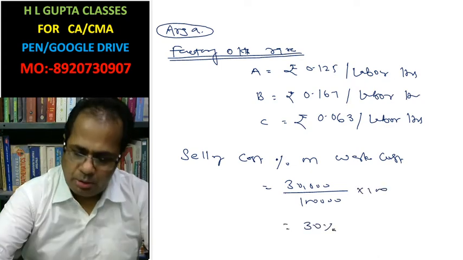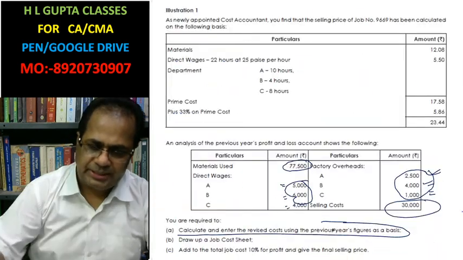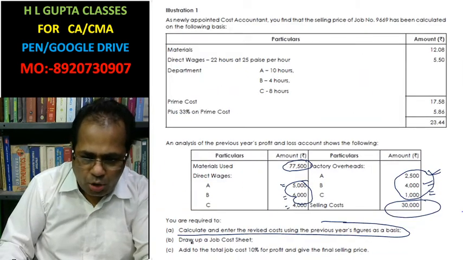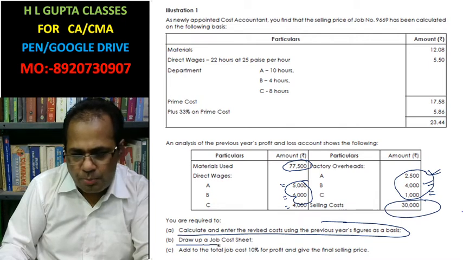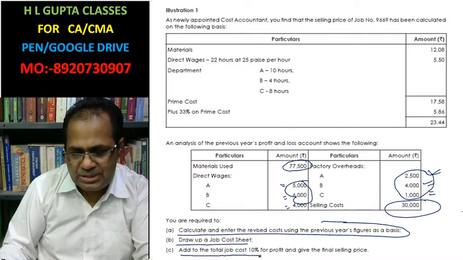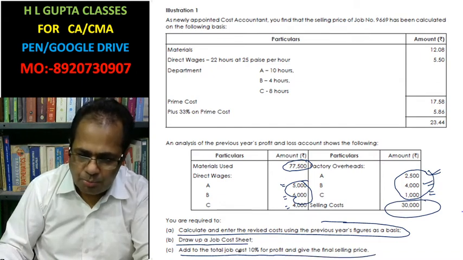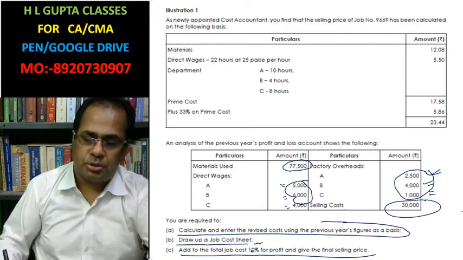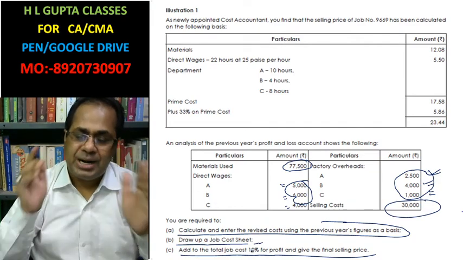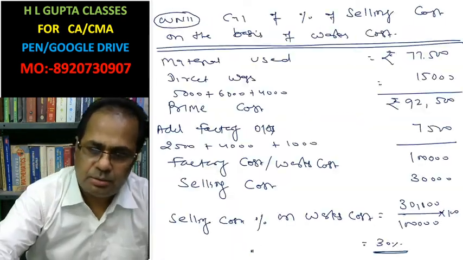Okay. Thereafter, what is the question in this case? Draw up a cost sheet. Add the total job cost and 10% profit on it to get the final selling price. 10% for profit, you have to calculate. So now the answer of B part and C part can be given in one table.